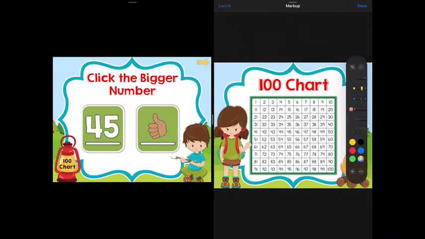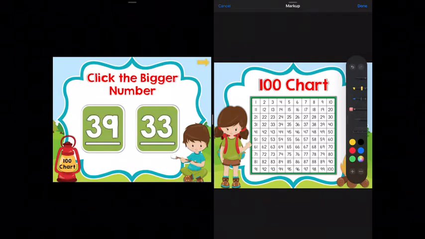Woohoo! Next one. Click the bigger number, 39 or 33? Let's find 39 on our chart. Right here, and let's find 33. Right here. Well, we can tell that in the tens place, they both start with a 3.